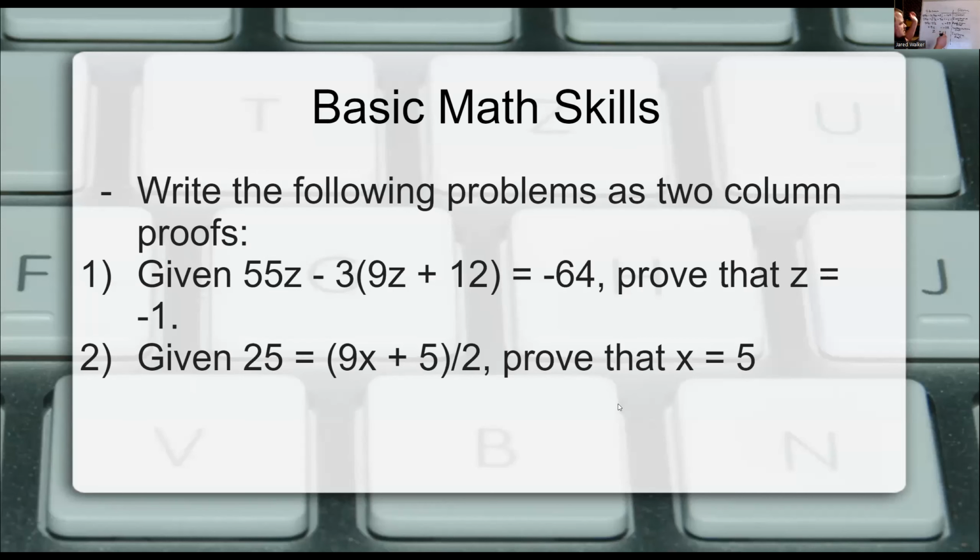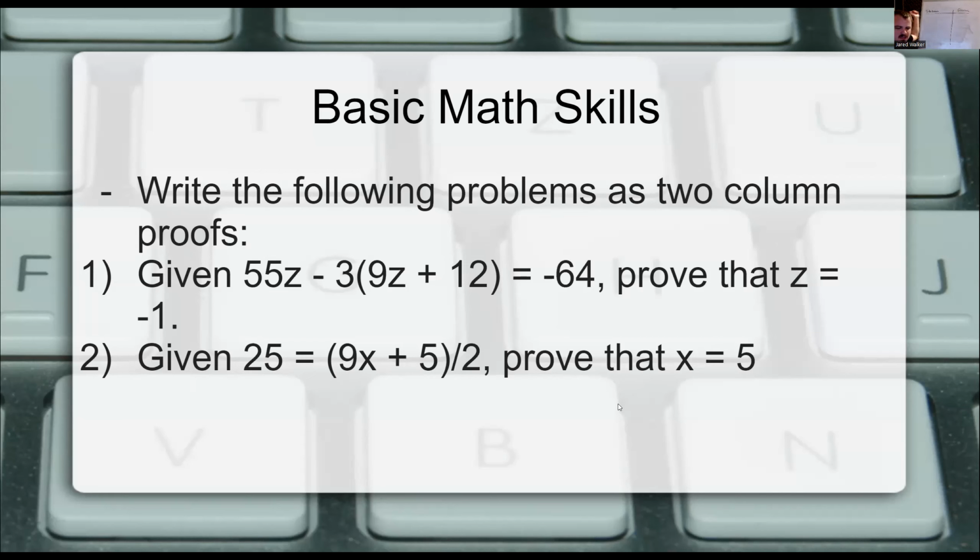So let's go back. I'll write this out. Trying to be careful here where I keep my columns up.